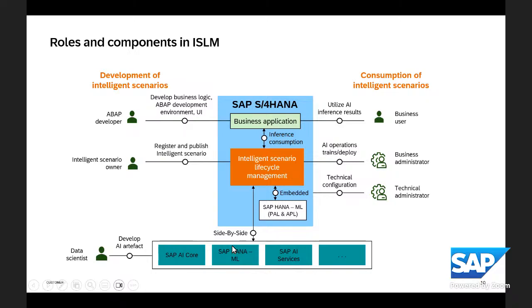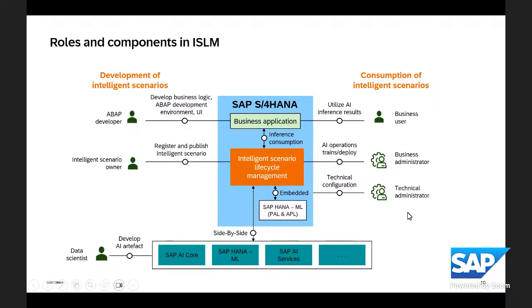As you can see, the data science activities are happening outside of it. So once the intelligent scenario is developed and published and it's available in S/4HANA for our customers, that's where on the consumption side, we have these 3 different personas. Business user would be someone who would be utilizing the capabilities. But before that, we have the admin persona, who would be responsible for the ML operations part of this entire process.